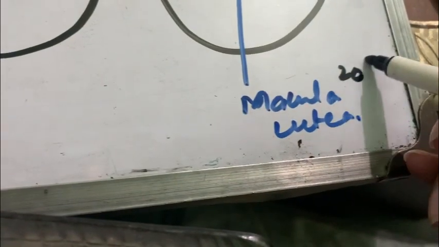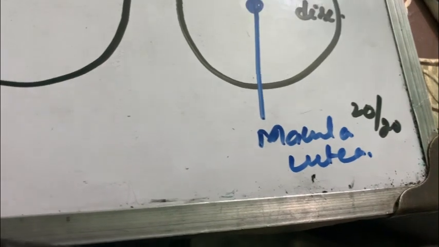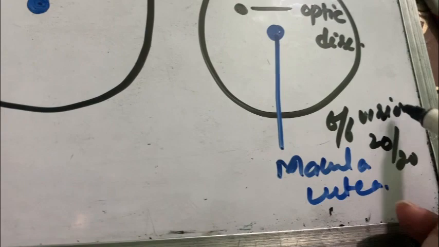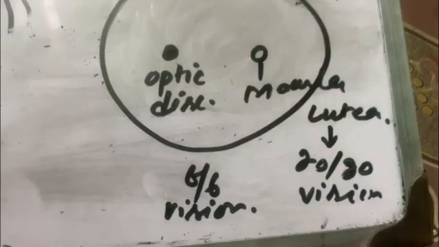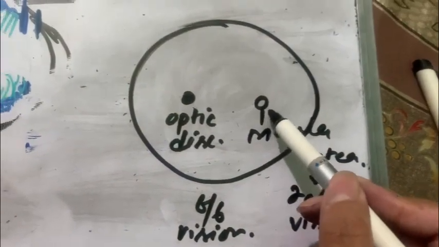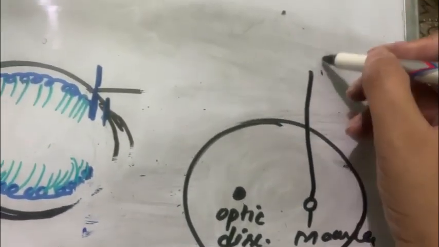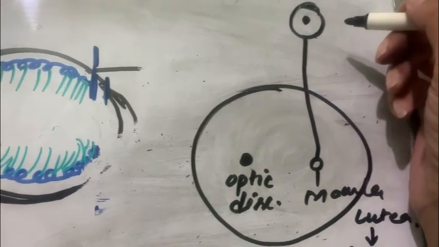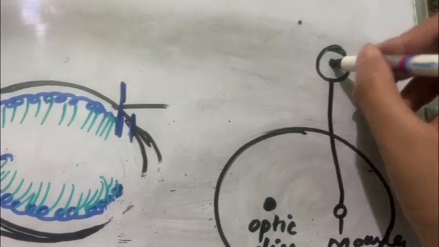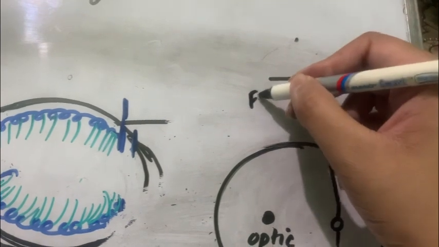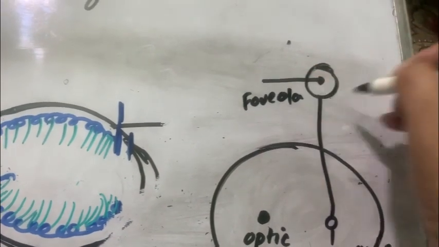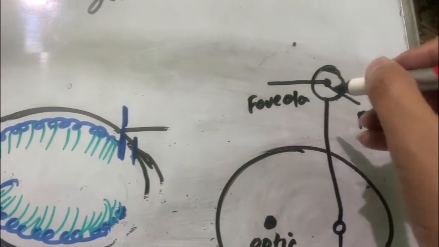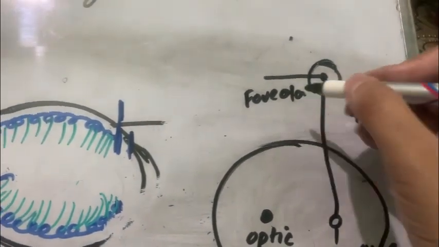This is the part where 20 by 20 vision can be attained, or 6 by 6 vision in other words, like the best vision. Inside of macula is fovea, and inside of it is the most central fovea.